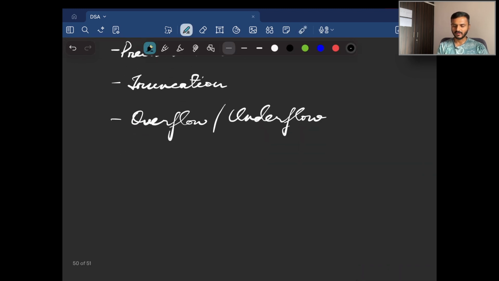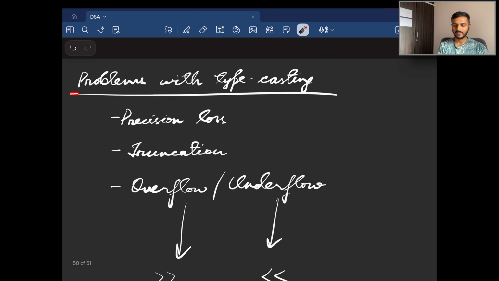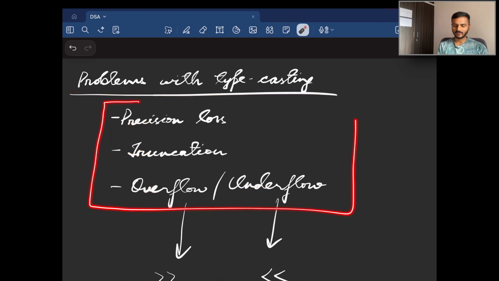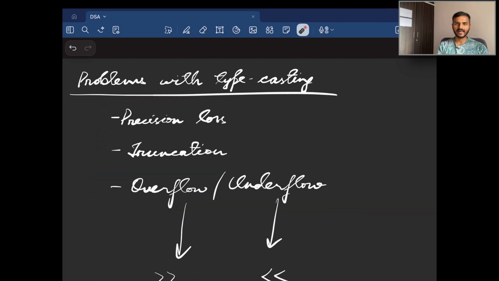Overflow is when the number that you store is more than the maximum number the variable of that data type can hold, and underflow is when the number that you store is less than the minimum number that the variable of that data type can hold. So in short, we've got a few problems with typecasting, and they are loss of precision, truncation, overflow, and underflow. Now in this video, I'm not getting into the details of why exactly this is happening, but it has to do with how Java stores integers and floating point numbers.